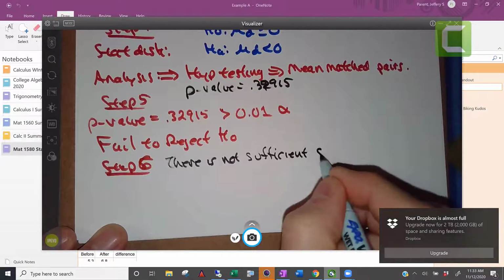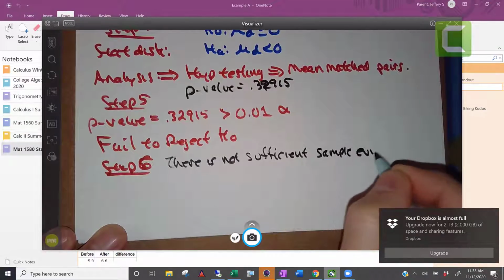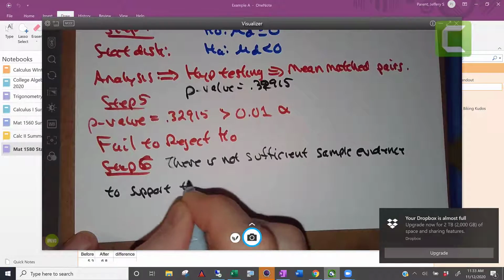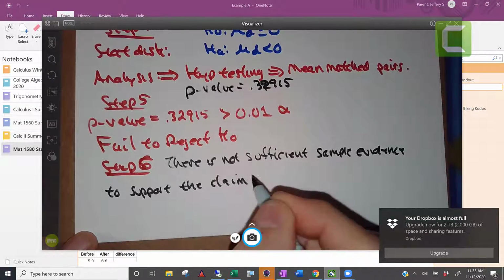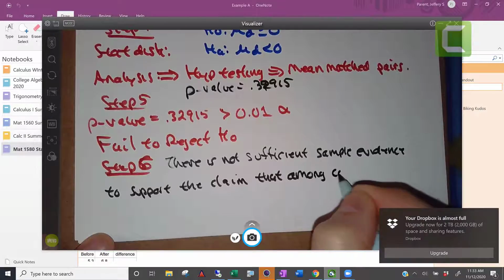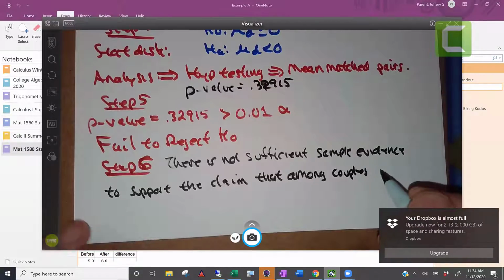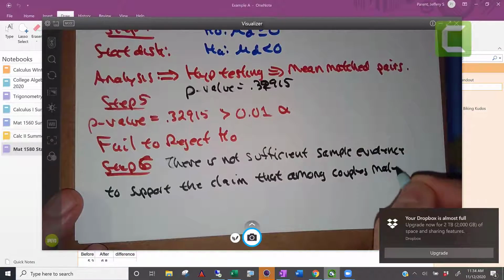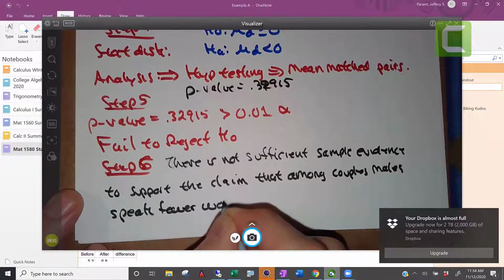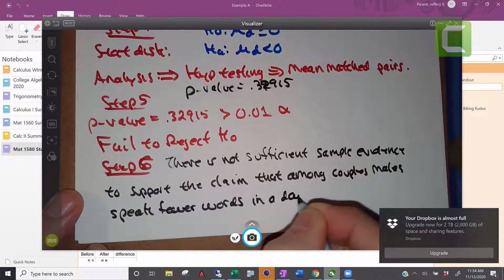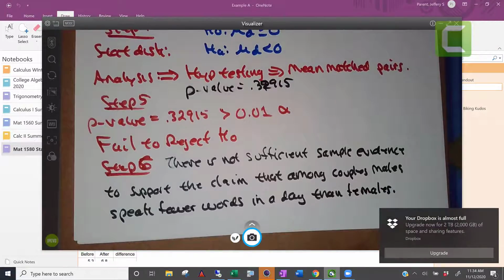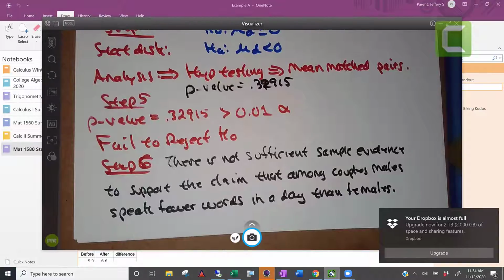Sufficient sample evidence to support the claim that among couples, males speak fewer words in a day than females. Okay, looks good there.